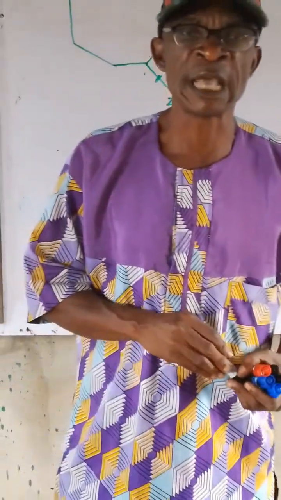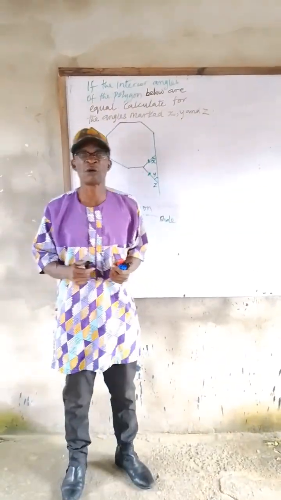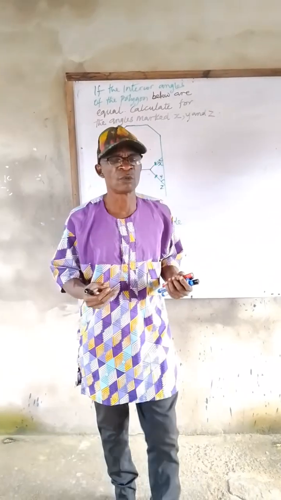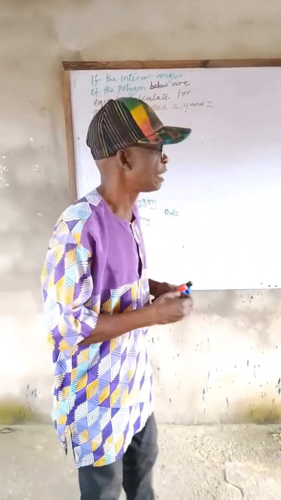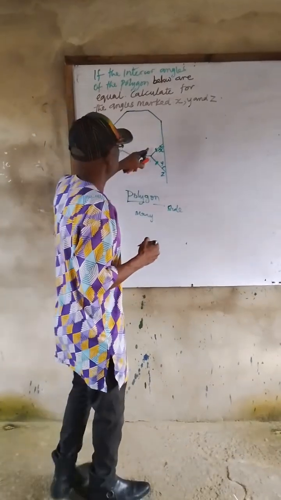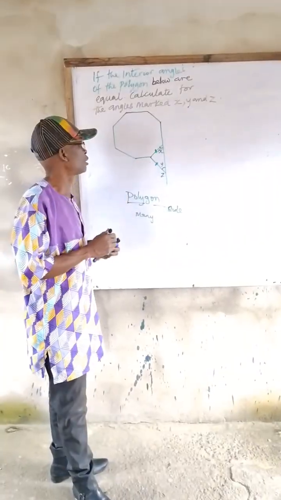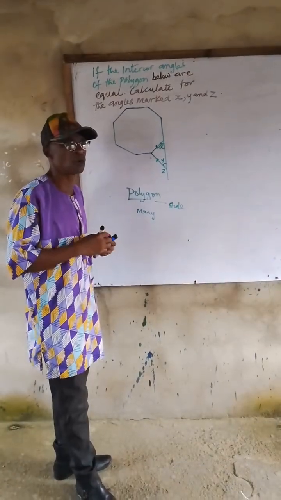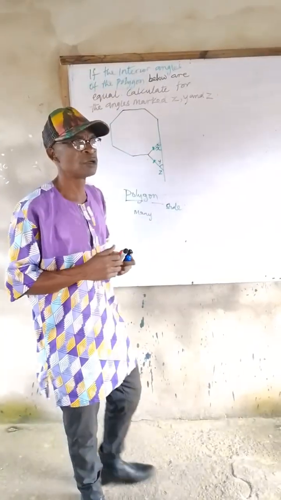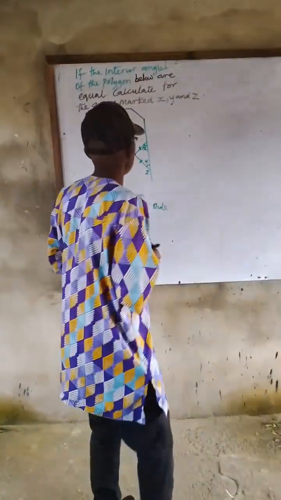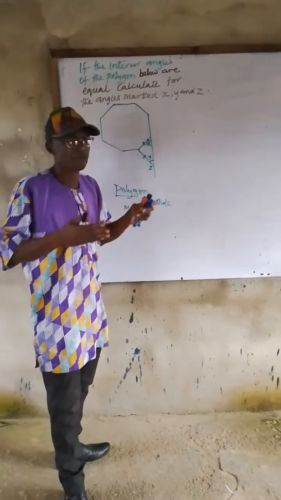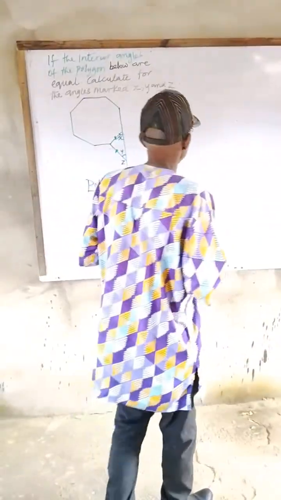But if you observe most of the textbooks that we have, they don't include triangle as one of the polygons. They start from quadrilateral shape. But in my own calculation, I'll surely include triangle as one of the polygons, because the formula that we are going to utilize in working this mathematics reveals that triangle is part of the polygon.